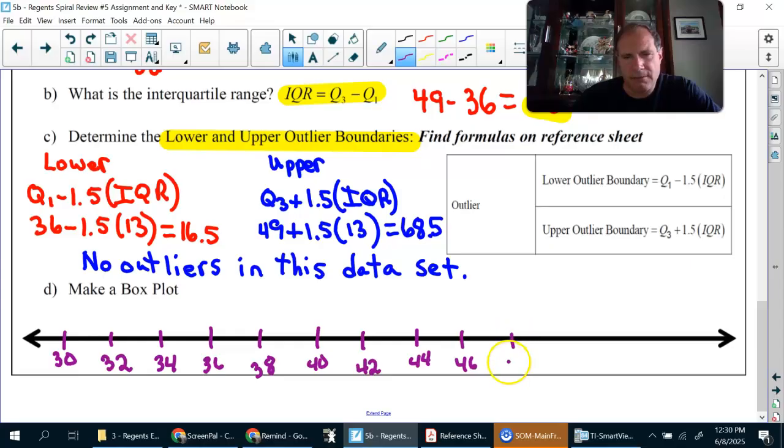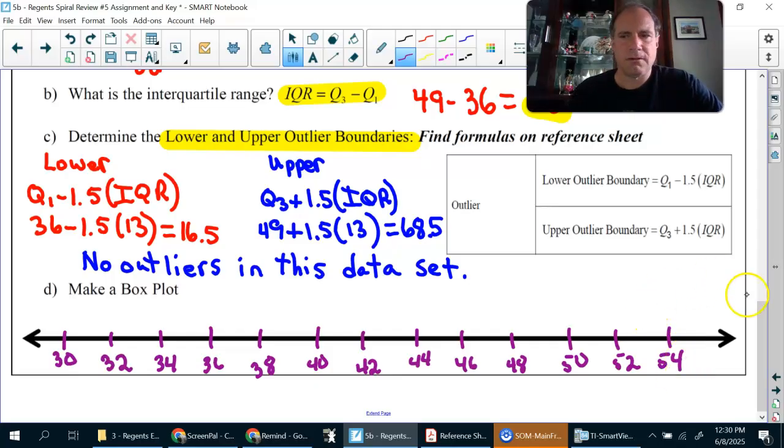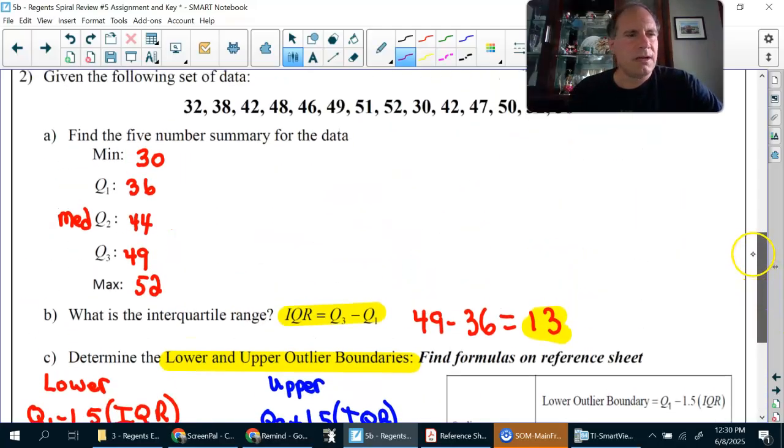And you see exactly what I'm doing. This is 48 already. This is 50. This is 52. I'm going to go to 54. And that's it. I covered all of what I needed.